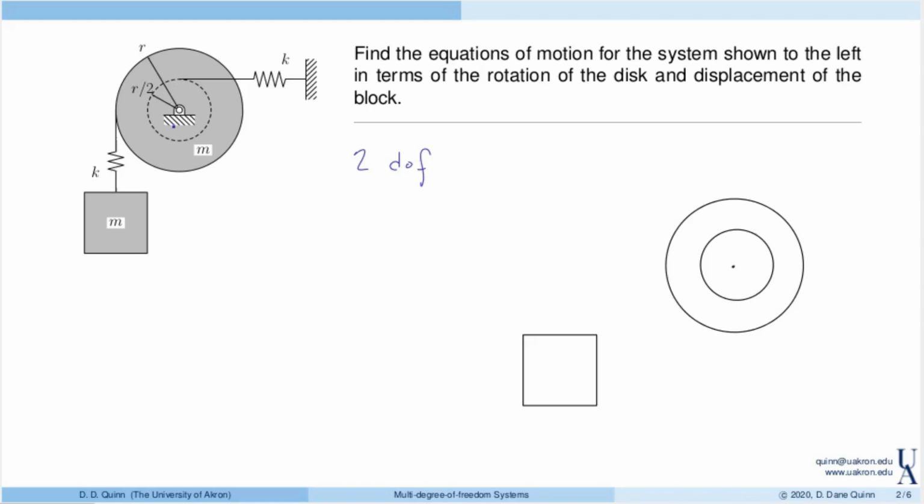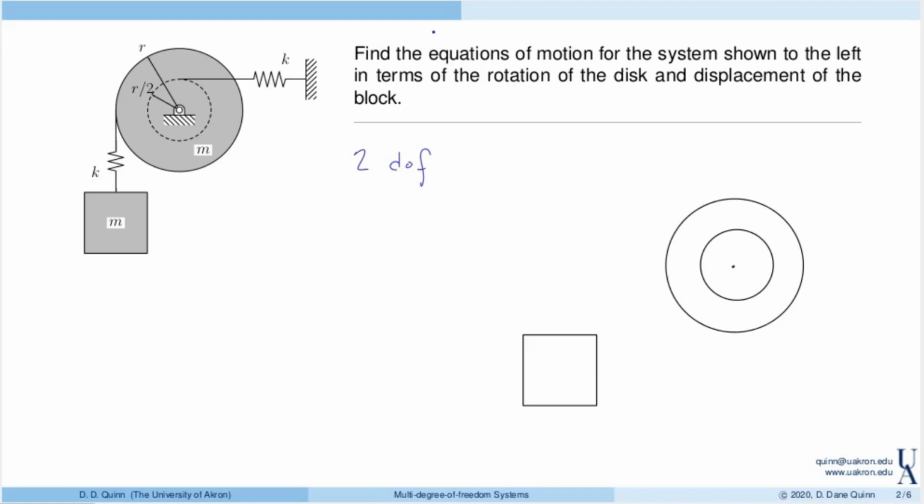Then if I hold that coordinate fixed, can anything else move? Well, in this case, yes, the block can still move up and down because it's connected with a spring. So then if I take a second coordinate and identify the position of the block, then everything is fixed. I can find all the material points with those 2 coordinates. So again, it's a 2 degree of freedom system, which means ultimately we'll have 2 equations of motion.